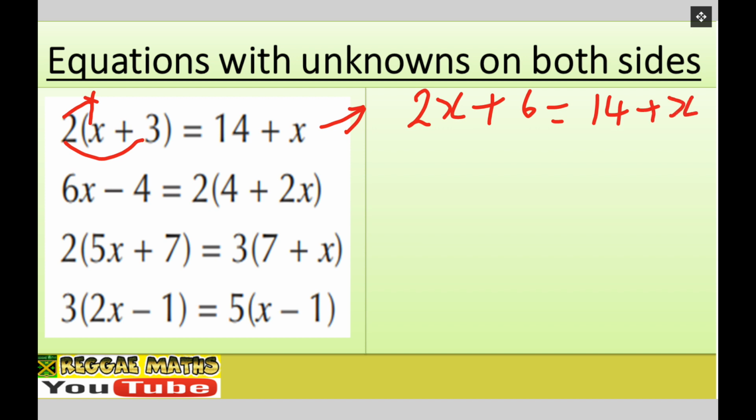So all I did there, get rid of the bracket, and remember maths is a building block, so all I did there was just add some brackets in. Then go through the steps now. First of all, I need the x on one side, the numbers on one side, so I'm going to take away 6 from both sides.